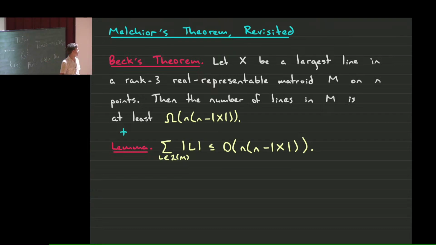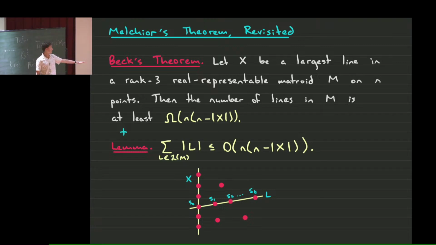That's it. To show you what I mean, you just want to have this picture of your matroid in mind where you've picked this largest line x, and then you have this set of leftover points lying outside of it. Now for any line except x itself, it's going to intersect x in at most one point. So say we're considering some line L on t plus 1 points.